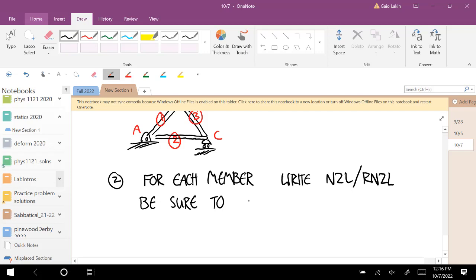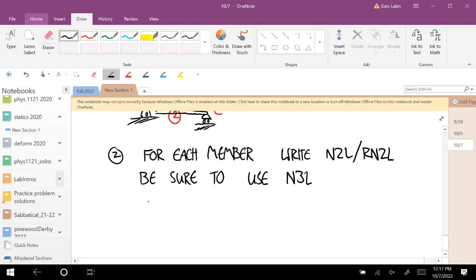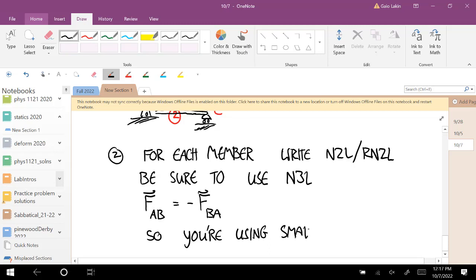Make sure to use Newton's third law, which remember says, like, F_AB is negative F_BA. So you're using the smallest possible number of variables.